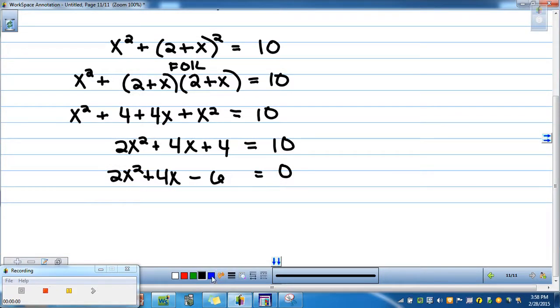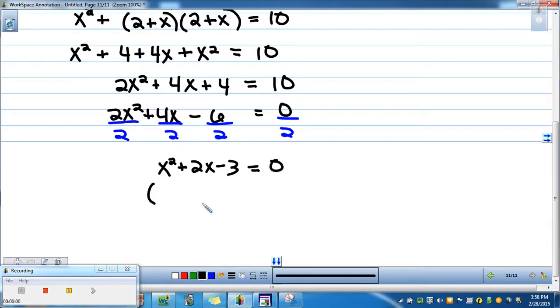Because there are even numbers for coefficients, we can divide everything on both sides by 2, giving us x squared plus 2x minus 3 still equal to 0. Now we need to factor. 2 things that multiply to -3 and add to +2 will be +3 and -1.